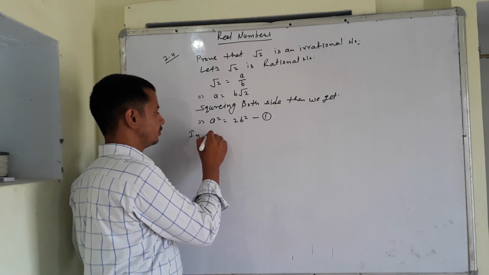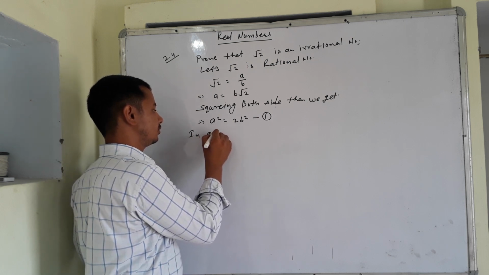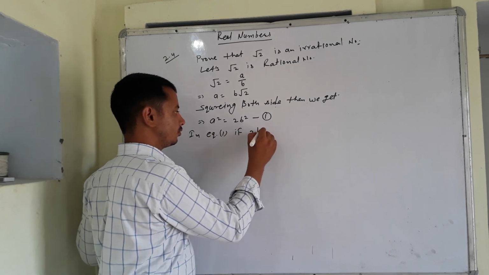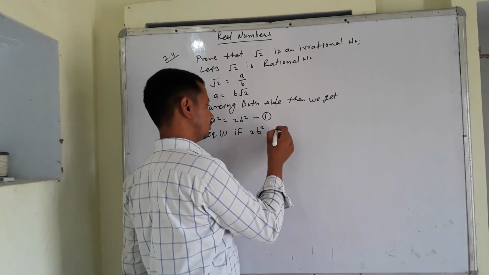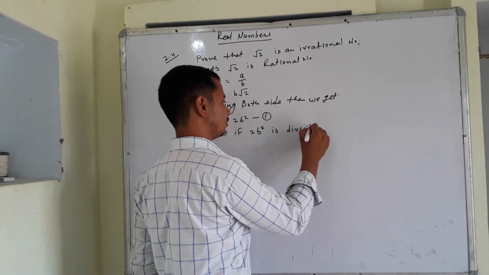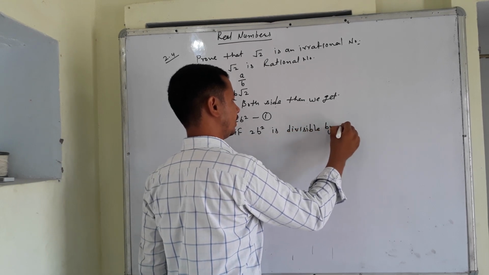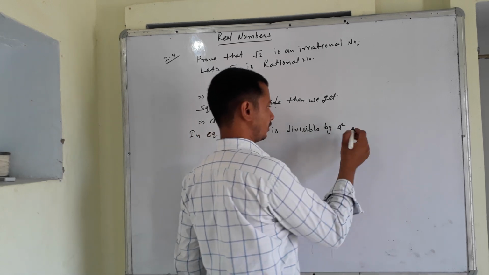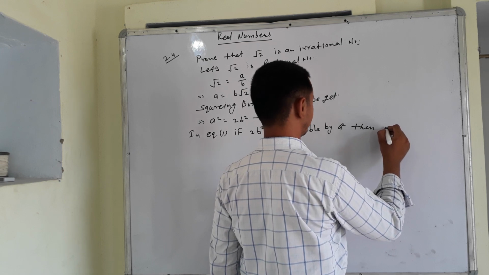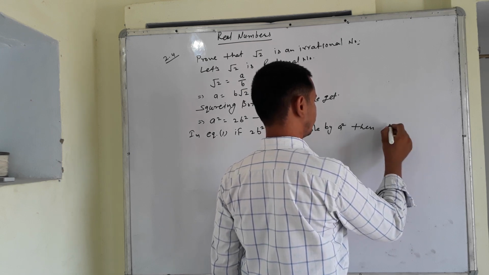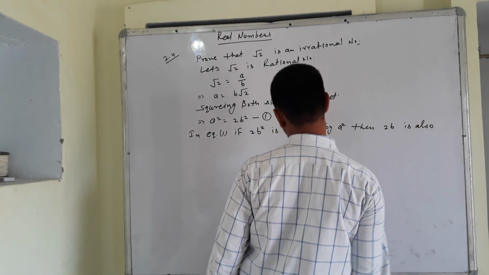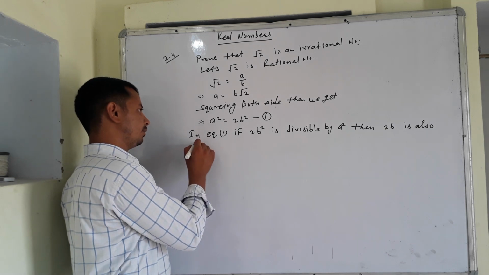Okay, in equation first, if 2b square is divisible by a square, then 2b is also divisible by a.